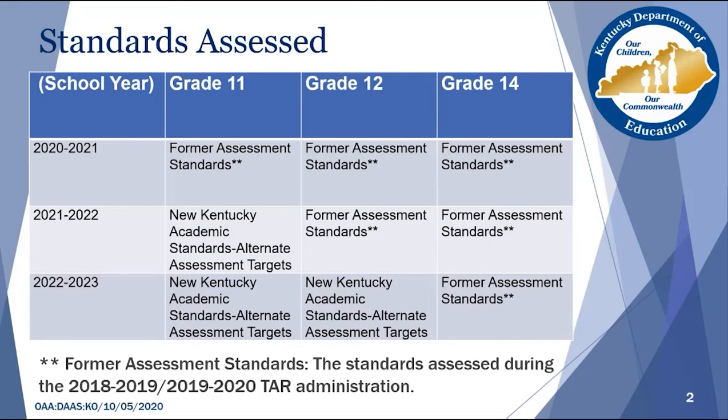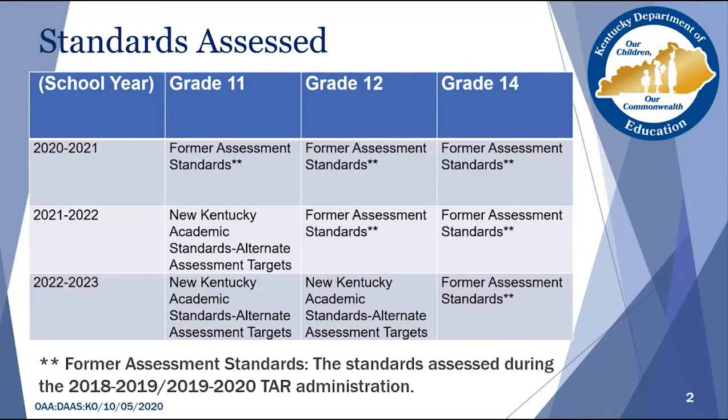Since the TAR does not start until grade 11, the grade 11 students this year will not be familiar with those new standards. Therefore, the TAR assessment for 2020-2021 this year will be based on last year's standards, which happen to be the same standards used in the 2018-19 administration. On this slide, you will see that the former assessment standards represent the standards that we will assess this year.